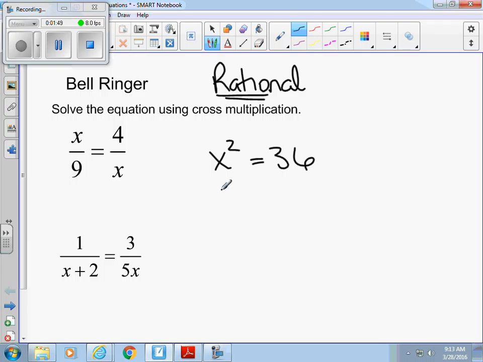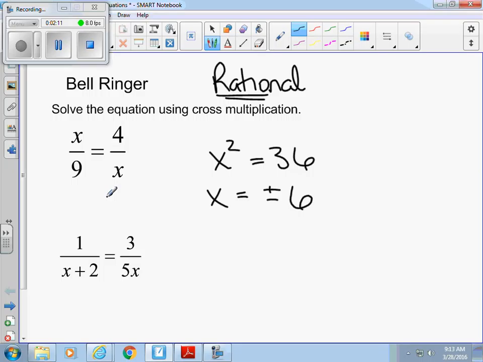Very good. And what do you do anytime you take a square root? Very good. And then what should we do? Plug it in and check. Does -6/9 equal 4/6?